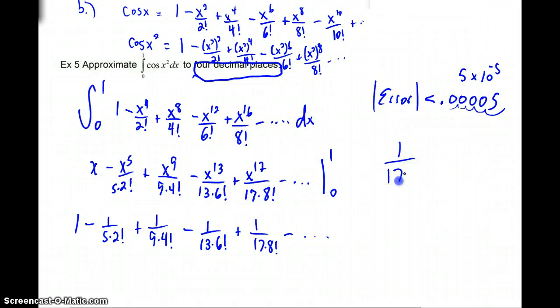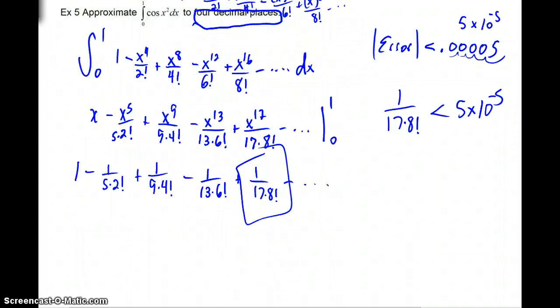So this term is the first time that we're going to be smaller than 5 times 10 to the negative 5th. If we add up all of this, we will get our sum accurate to 4 decimal places.